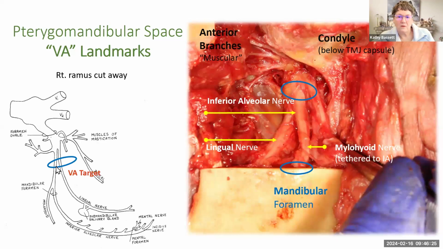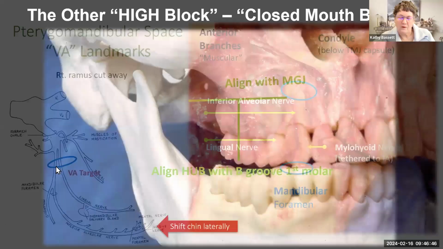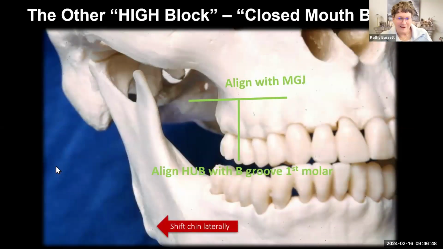You could use this to capture that IA, or at least get some pre-anesthesia that may allow you to get into that space more easily. And in some places around the country, this is actually taught as the first choice, the primary injection with hygienists for scaling. And here are two tips that are really helpful to do this very easily.